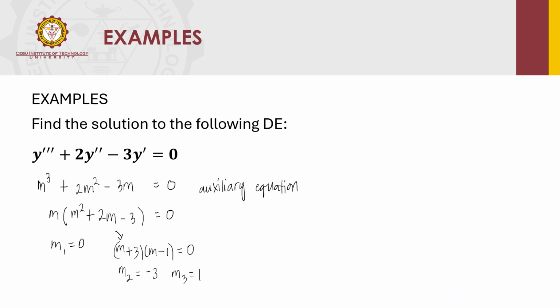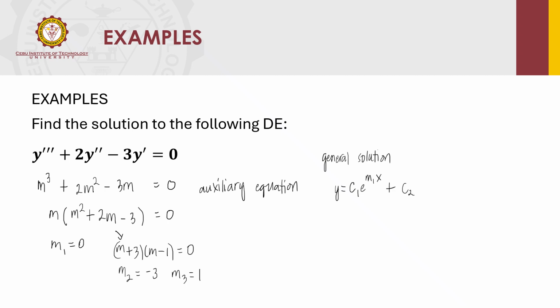So this is under case number 1. For the general solution, from the previous slide, the general solution of a higher order linear DE with distinct real roots is y equals c sub 1 times e to the m sub 1 x, and so on.